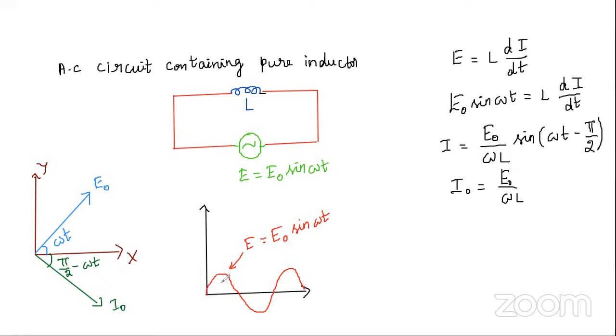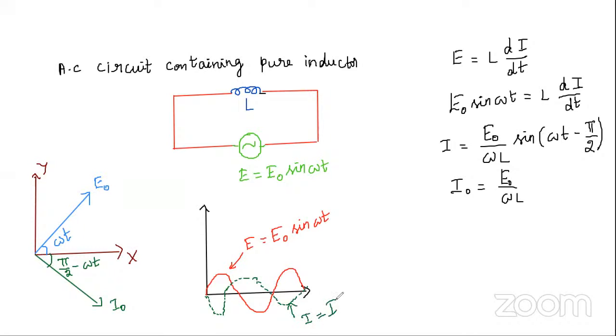But your current actually lags, right? The current lags behind the voltage, so it can be represented like this. So this green color line is your current.